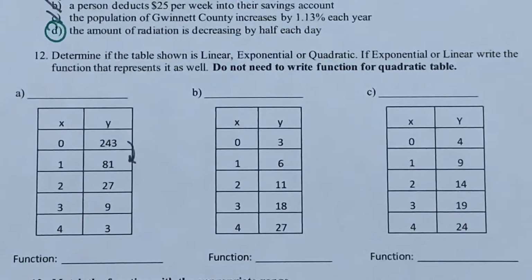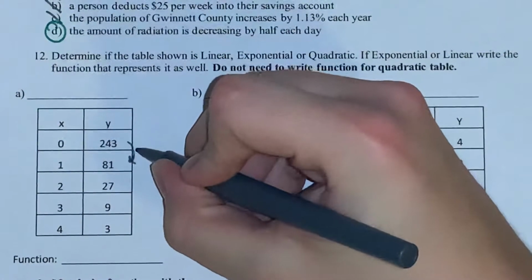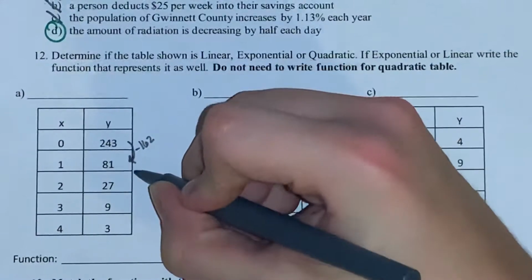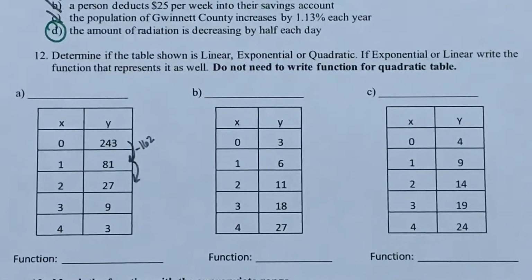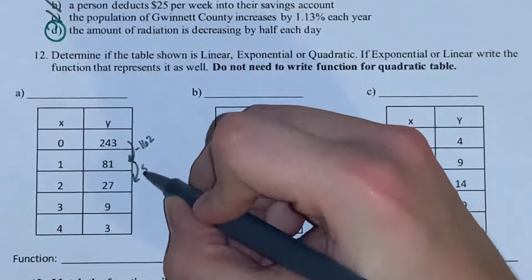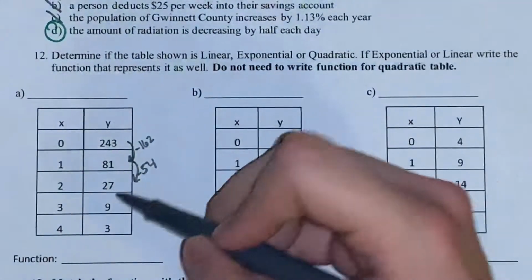So 243 minus 81 is a decrease of 162. From here, 81 to 27 is a decrease of 54, so minus 54.